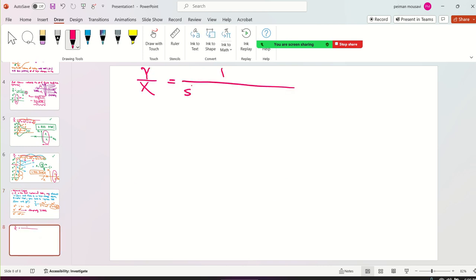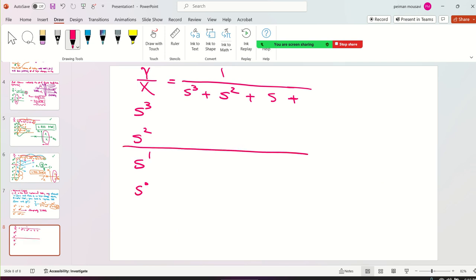S cubed plus s squared plus s plus... Because I have no notes, I have to think about this to make one of them. 1, 3, 5.